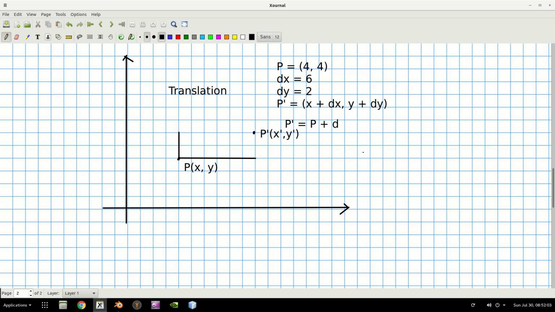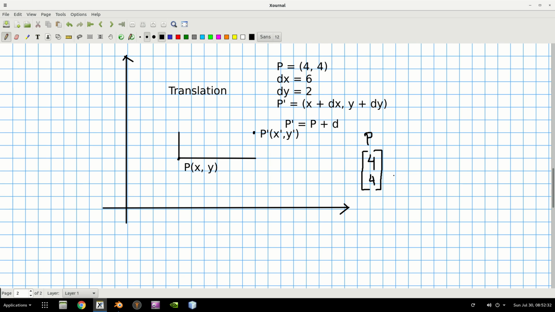You'll find out how this is going to be helpful. This original location is given as 4, 4, right? And we can write it as a column vector or a single column matrix. This is a 2 by 1 matrix. It has 2 rows and 1 column. This is the x coordinate, which is 4, and this is the y coordinate, which is also 4 for this particular point. And this is what we call point P.